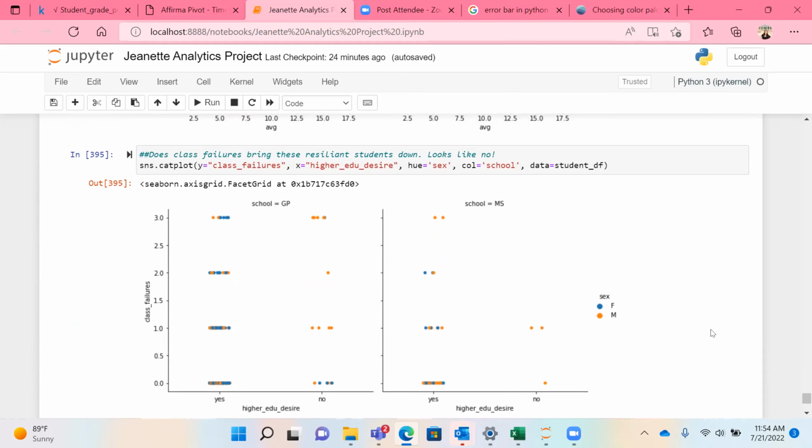And then on your x-axis, you've got yes and no, but it's spreading the dots apart from each other. I'm having a hard time. Do you know why it's doing that? Why it's spreading those dots out?